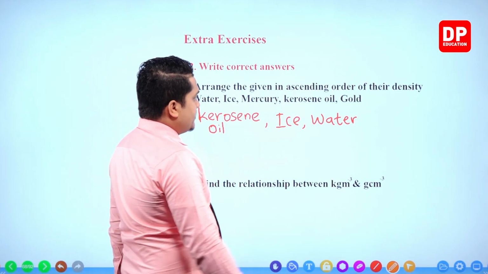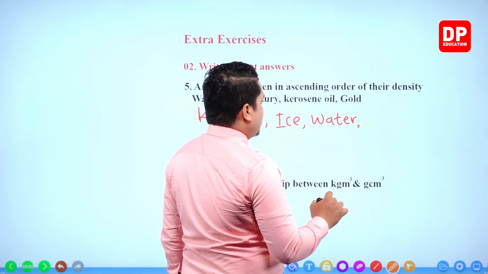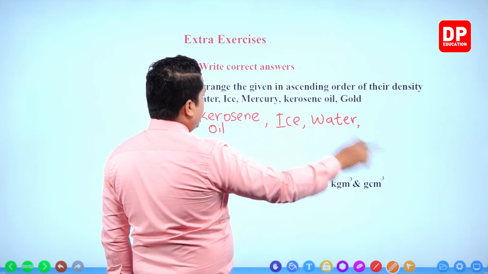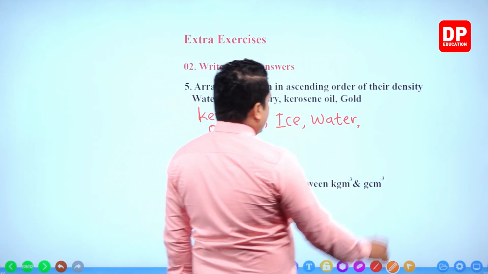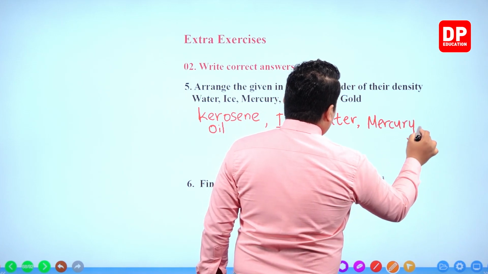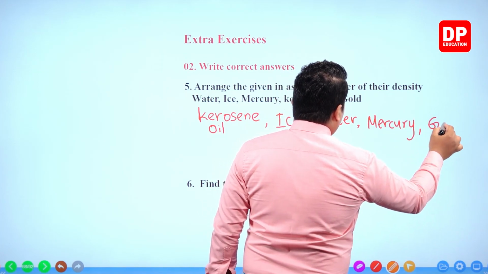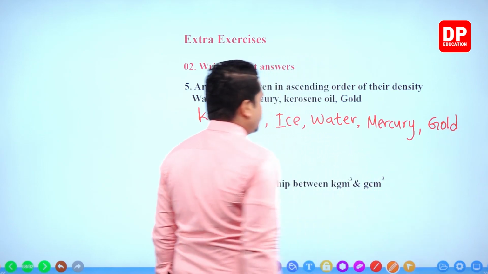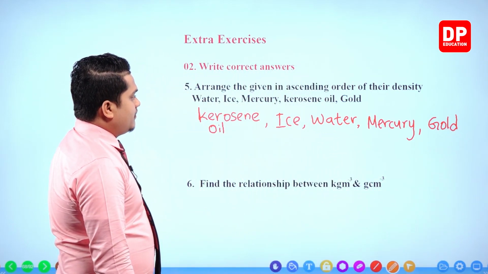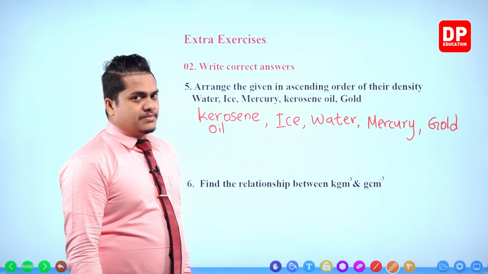Actually, my dear children, gold is having the highest density from these all. So next one would be mercury, then the densest one would be gold. So this is the ascending order of density of the substances.